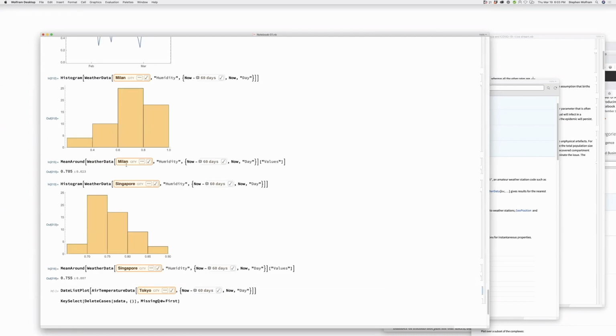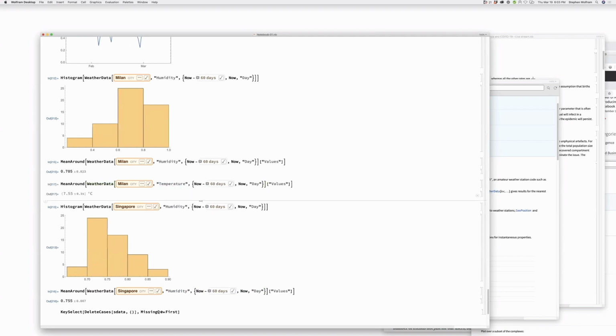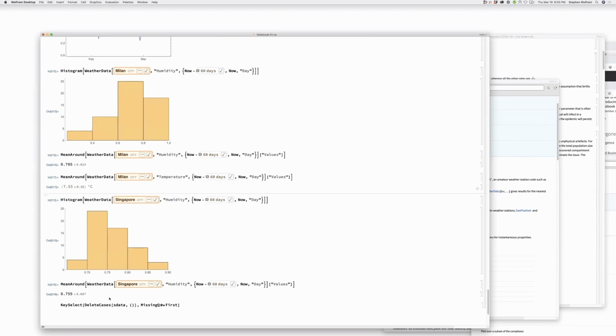Just to compare here, let's do the same thing for temperature. 7.5 degrees centigrade there. And it's a funny coincidence. It's funny that it's 7.55 and the other one is 0.755, but one of them is temperature, one of them is humidity.